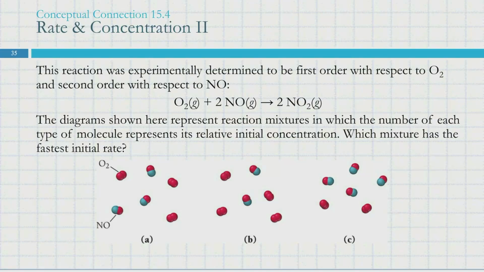Which of the reactants is going to have the biggest effect on our rate? The NO. Why is the NO going to have a bigger effect? Because it's second order.